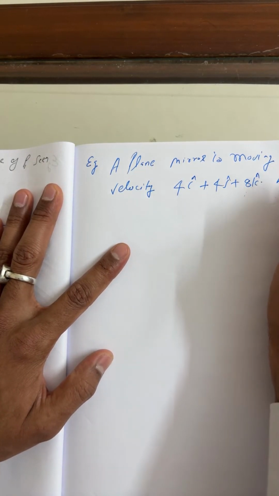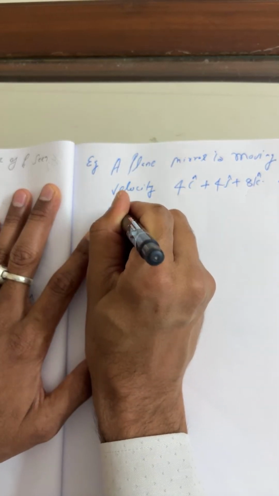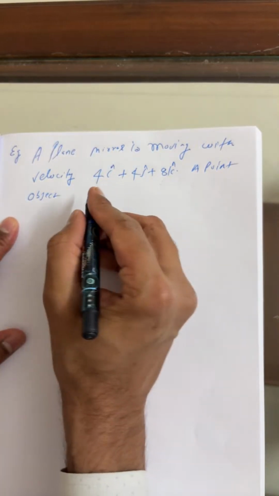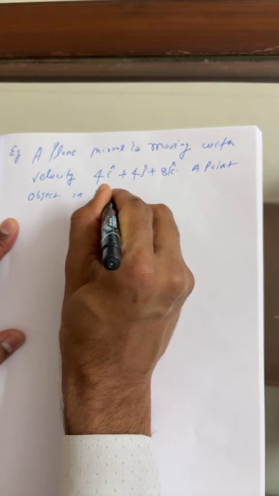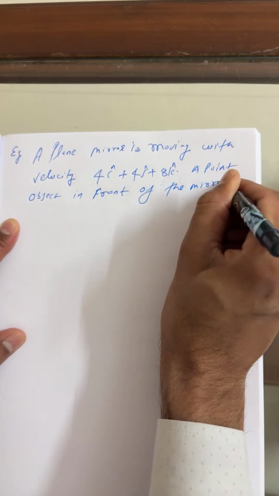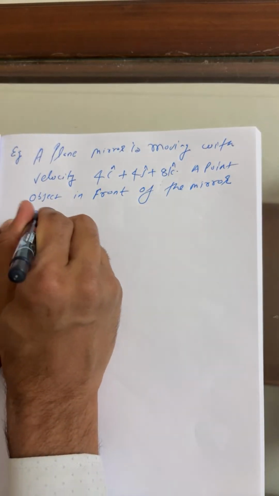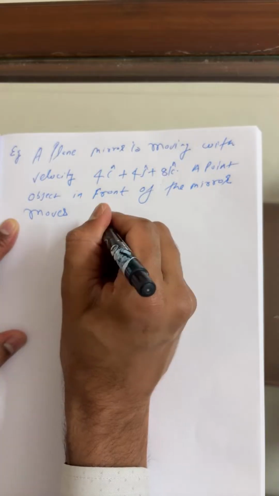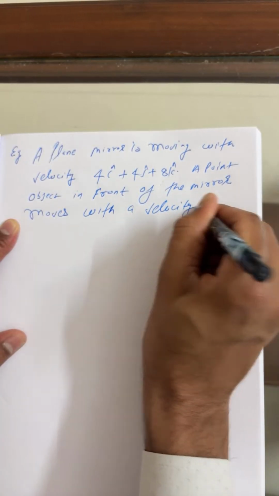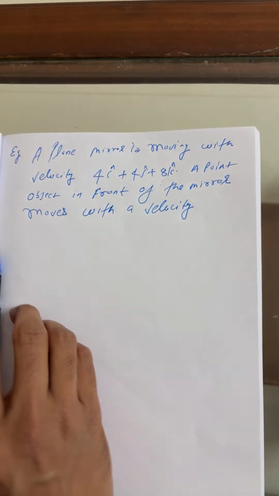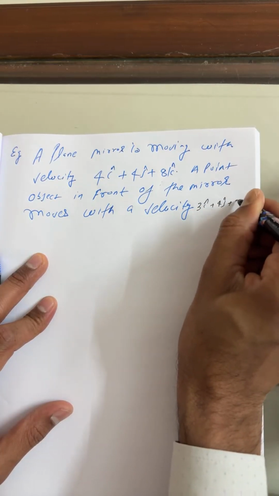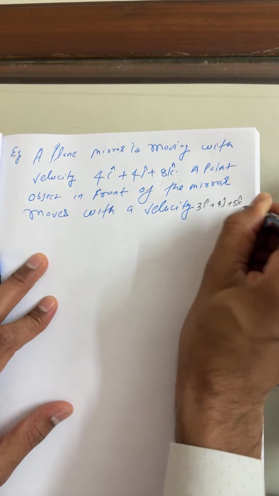A point object in front of the mirror moves with a velocity 3 i cap plus 4 j cap plus 5 k cap.